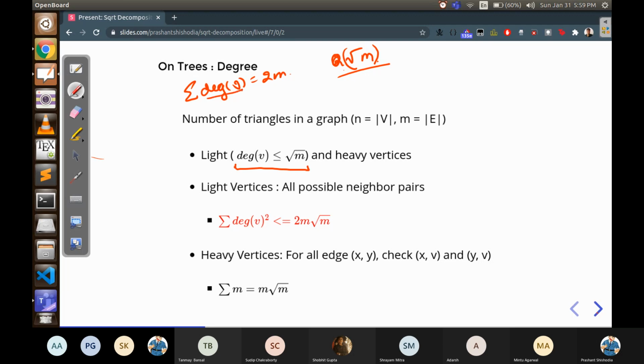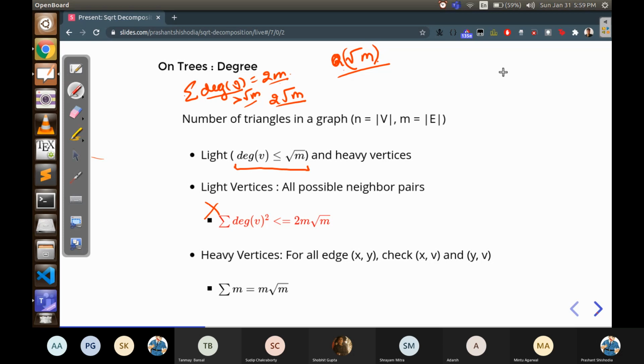If the degree is greater than root m, there cannot be more than two root m such vertices, otherwise this sum will cross 2m. Sum of degrees is 2m because each edge is counted twice. Don't look here, I'll explain this part later.